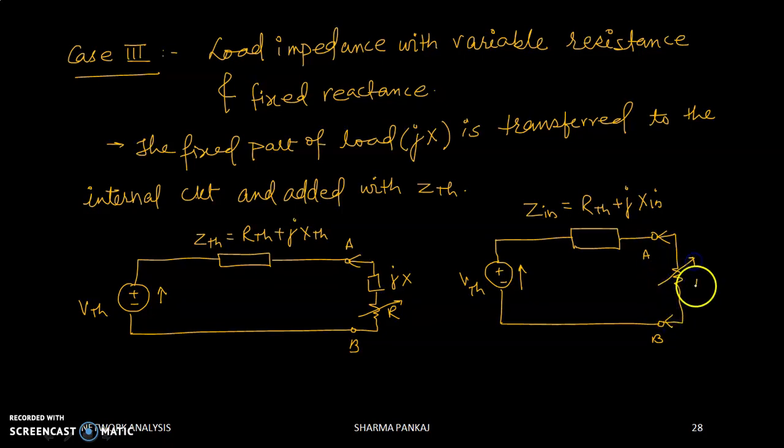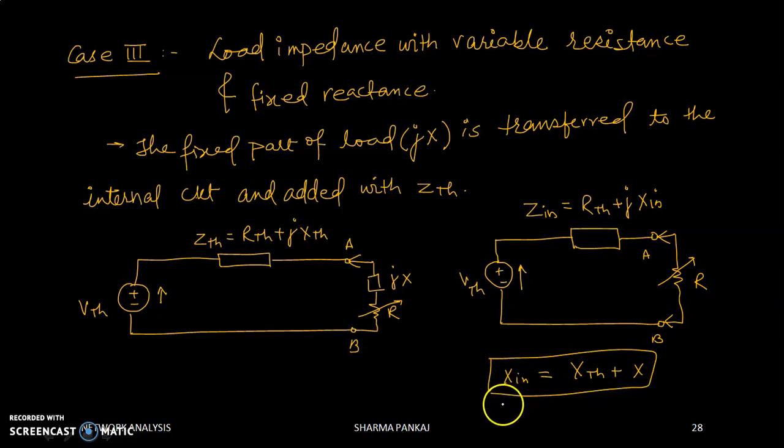This is your R, and Xn is equal to XTH plus X. Okay, so this is the whole situation, the whole case falling under the last case of this maximum power transfer theorem, where the load impedance with variable resistance and fixed reactance you have.